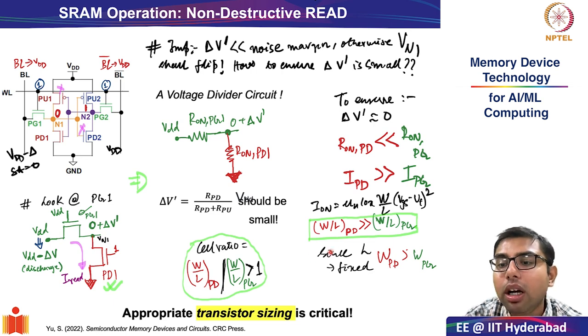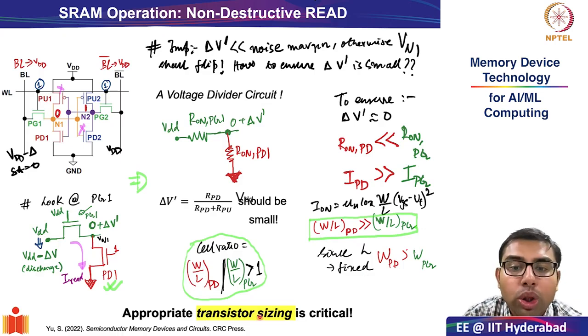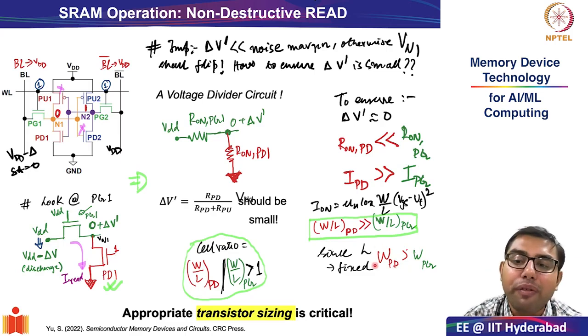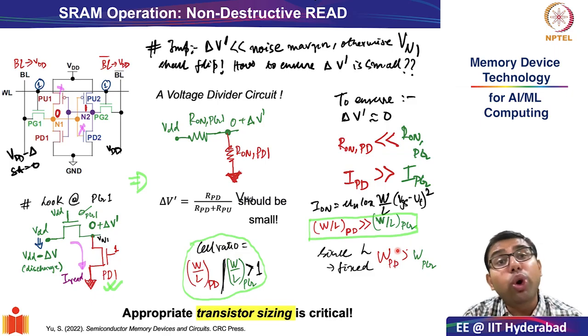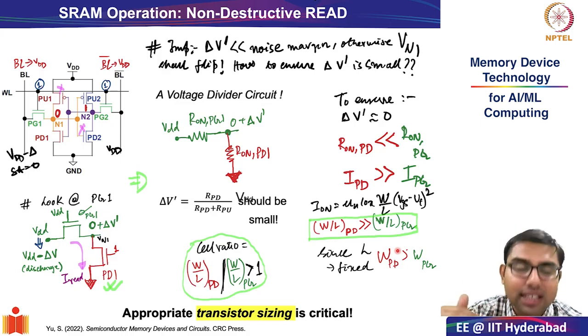It is basically the channel length that is fixed. Therefore, the only lever when we try to change lithographically through transistor sizing is generally the width of the transistor. For planar CMOS technology it is the width of the transistor, and when you go to FinFET technology, it is the W effective, which can be controlled by the number of fins, and that is something that we will see very soon.